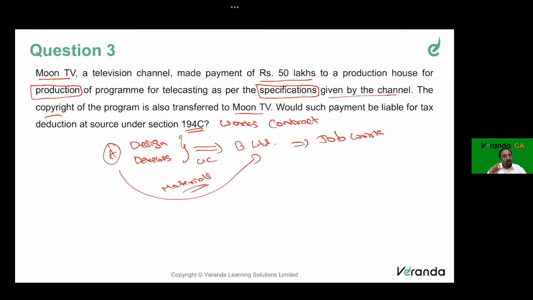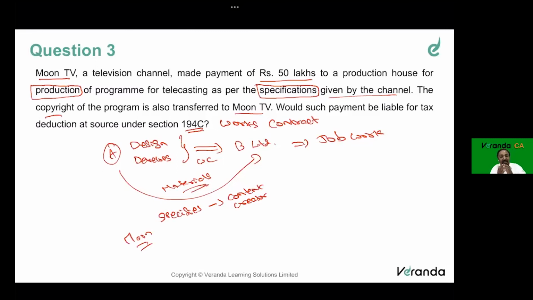Now, the same concept we will take in the media industry. This is a TV channel, Moon TV. Moon TV is the content creator.